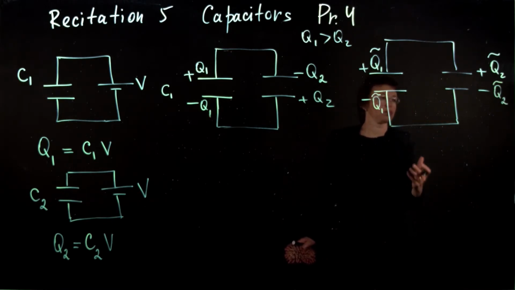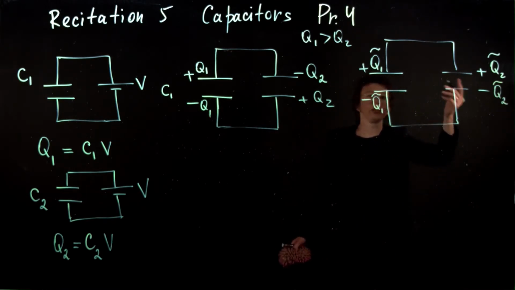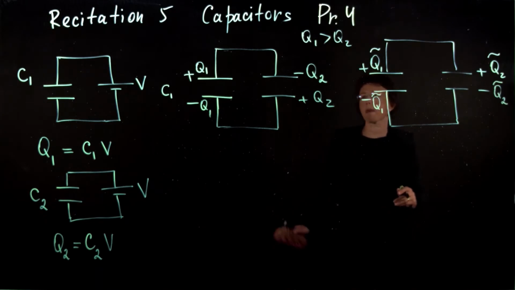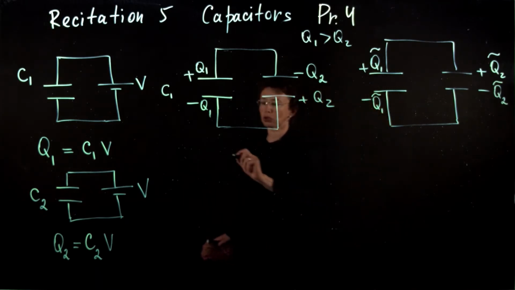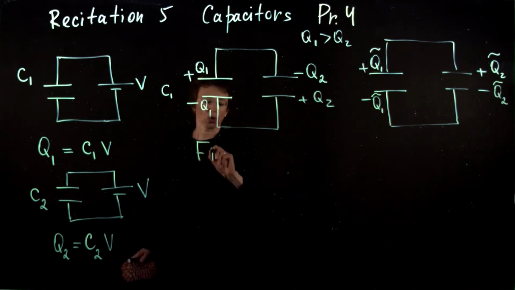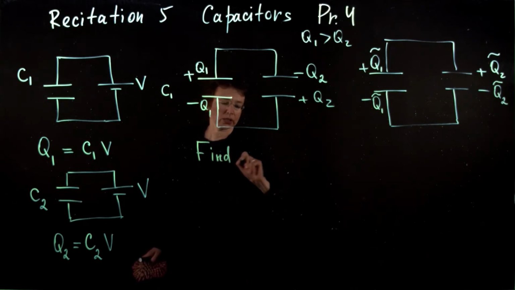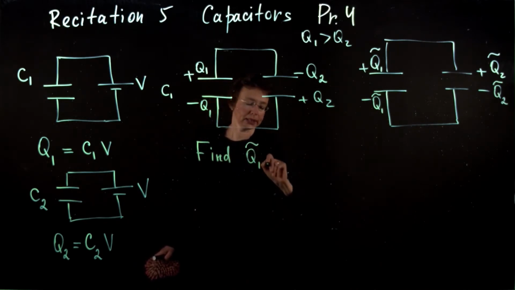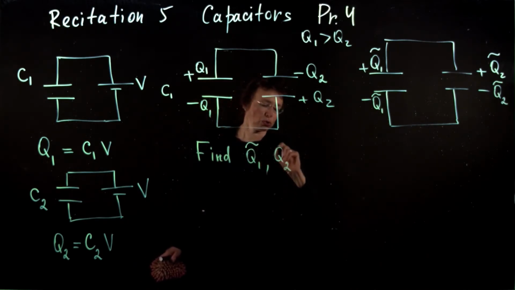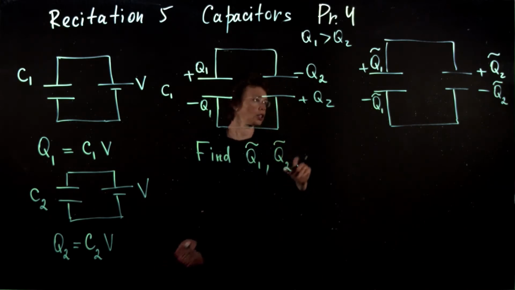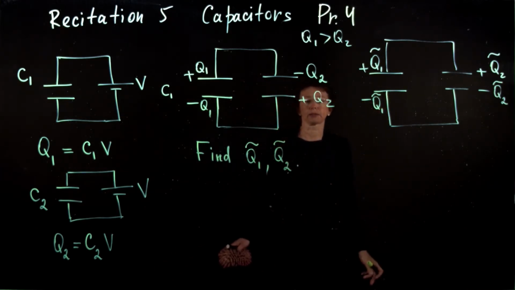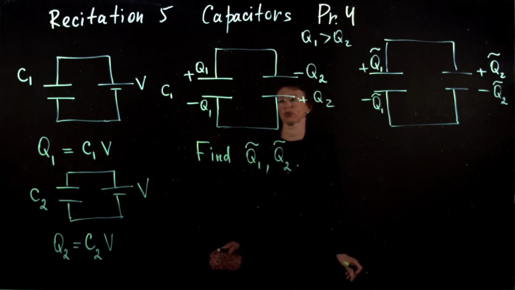So what do we want to find? We want to find the new charges on these capacitors after redistribution. So we want to find Q1 tilde and Q2 tilde, the new charges on these capacitors. Why do I want to solve this problem?